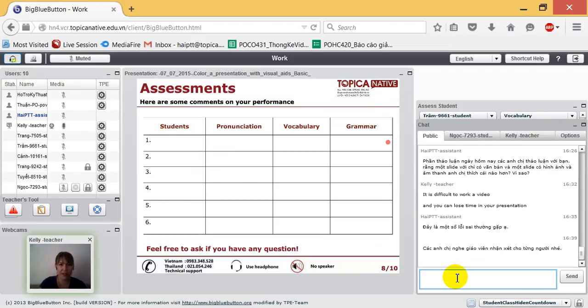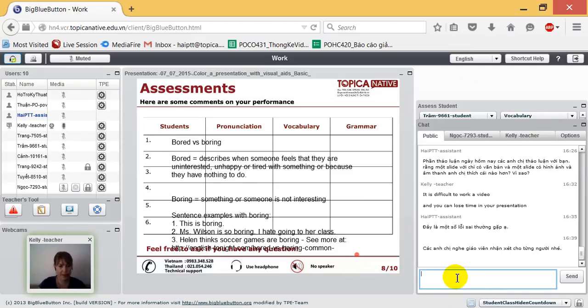First, let's quickly look at the difference between bored and boring. Very often students get confused and say boring instead of bored. They might say, during the presentation, the audience looked very boring.